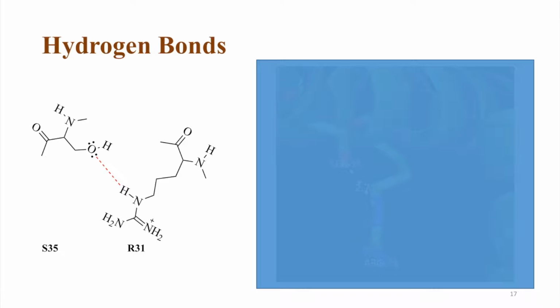One example of hydrogen bonding in myoglobin is the interaction between serine 35 and arginine 31. The oxygen from the hydroxyl group interacts with a hydrogen from the guanidino group of arginine 31. In this two-dimensional structure, the interaction is represented by the dashed line between oxygen and hydrogen.